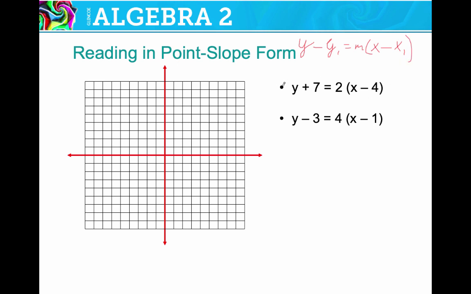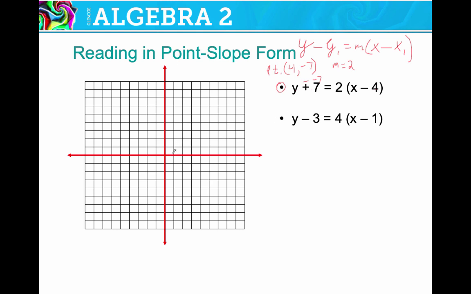If we take a look at the top one first, my slope is obviously 2, and then for the point, you've got to be careful now: x minus positive 4. The x value is actually positive 4, and the y value is y minus negative 7. That's where the plus came from. So the point is negative 7. It's almost an opposite idea.